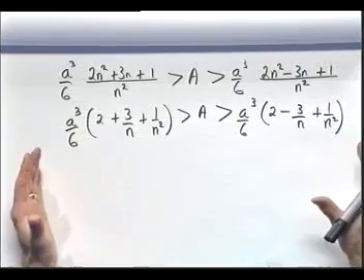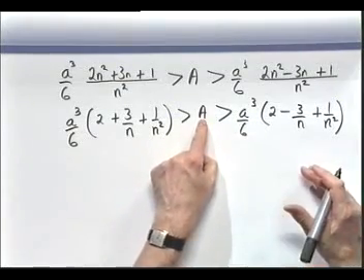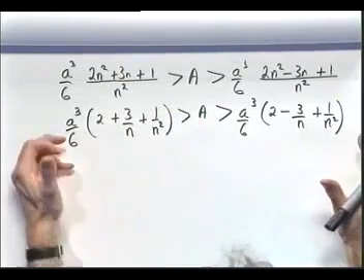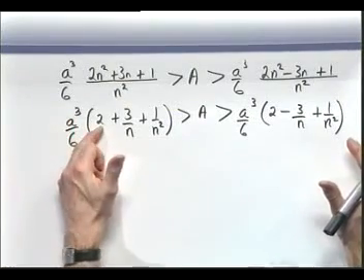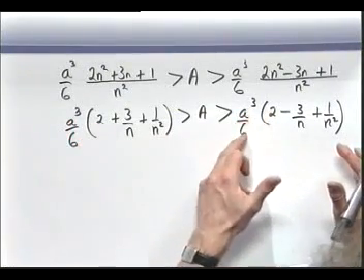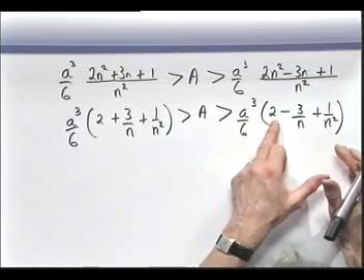So in fact, the area A is trapped between a cubed over 6 times by 2 and a cubed over 6 times by 2 again.